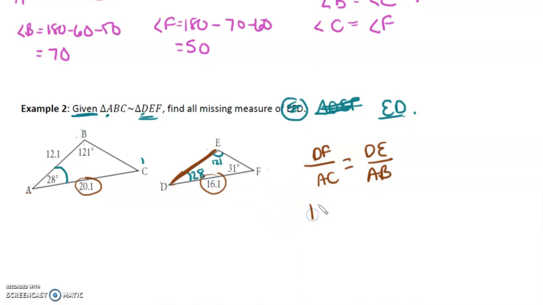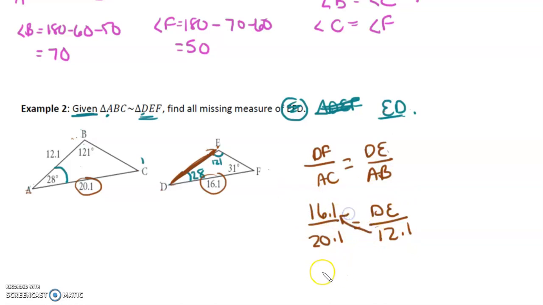So if we sub these in, we get 16.1 over 20.1. And then we're solving for DE. ED, DE doesn't matter. We're just going from D to E, and that's fine as long as we go from A to B, just to keep it consistent. So DE over 12.1.